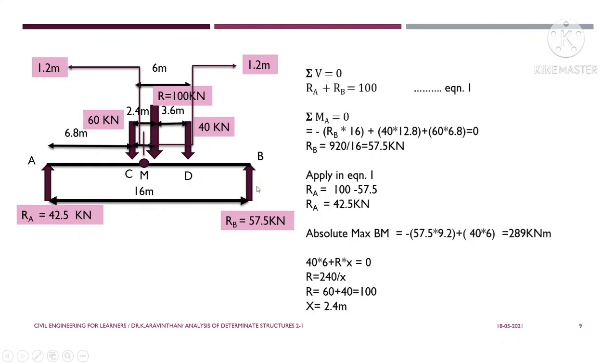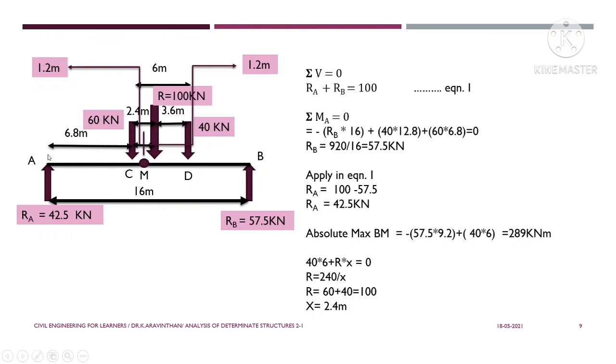Hence, there will be only two components, that is RB and 40. After simplifying this, I will be getting 289 kilonewton meter. This absolute maximum bending moment is at point C. Okay, so this is the way to find these parameters.